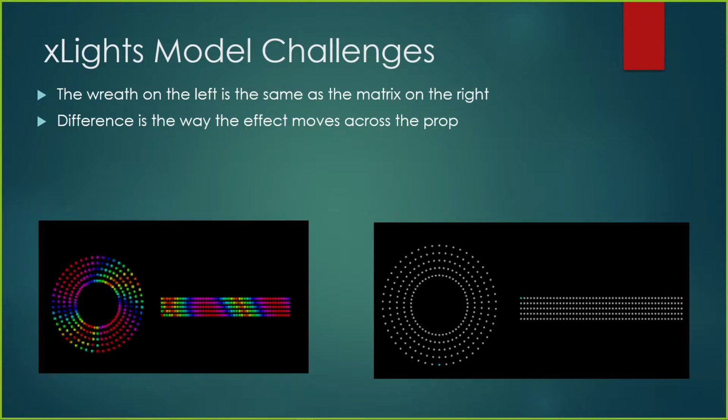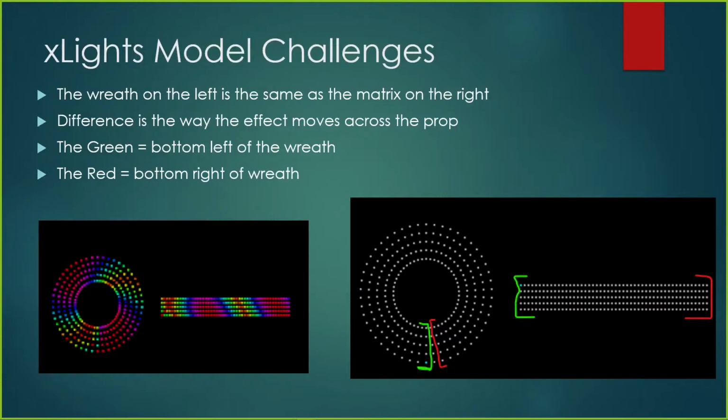Well, it's because xLights has some model challenges. It's a little hard to draw it now. It's not exactly perfect, but in the screen on the right, I kind of blew it up a little bit. You can see here where we have these green brackets and the red brackets. The green represents the bottom left of the wreath.